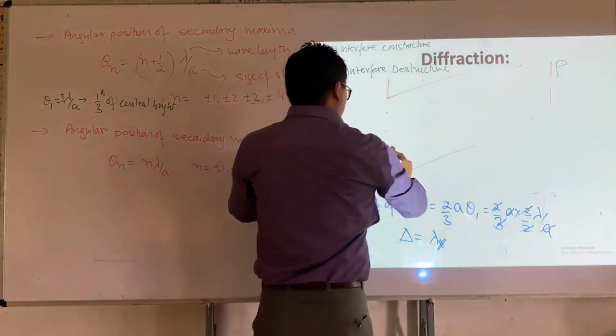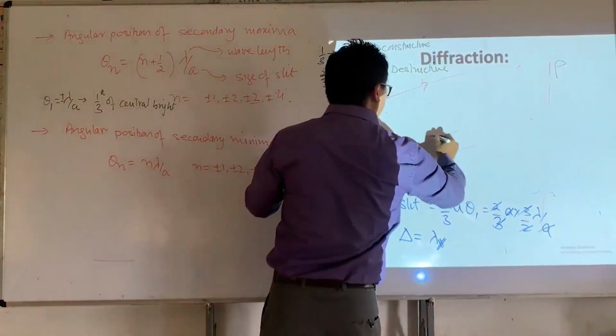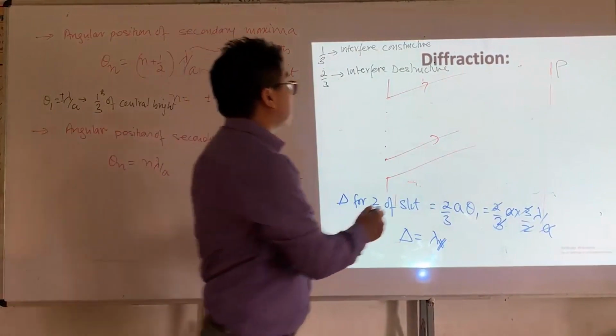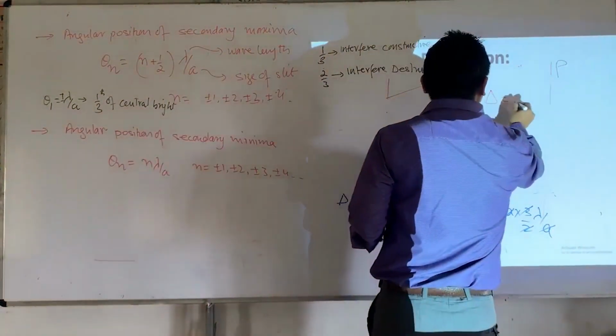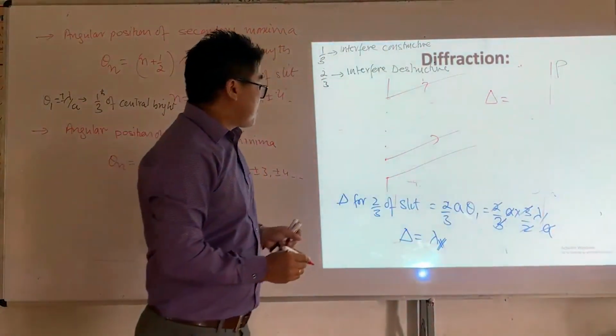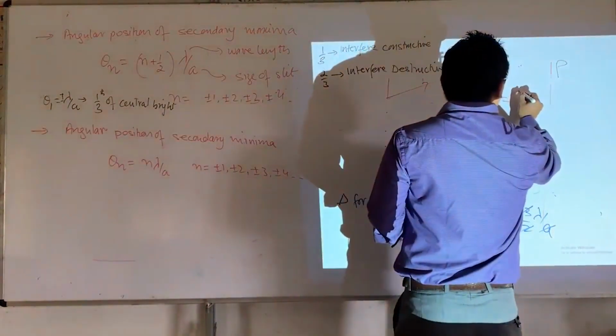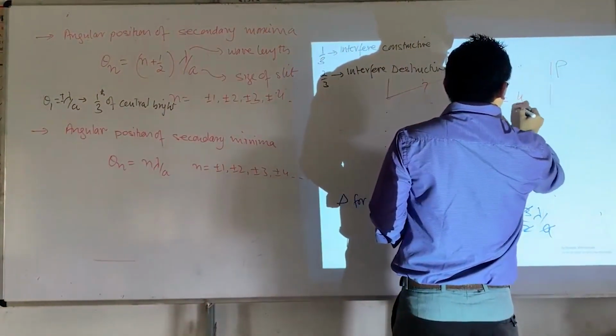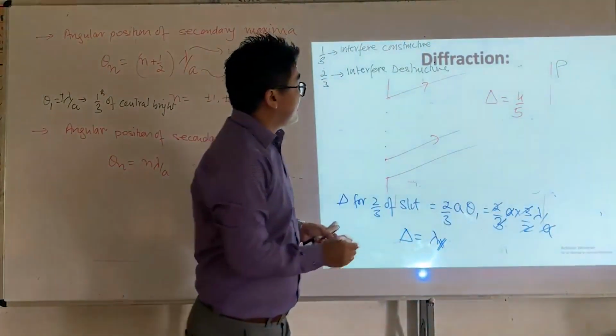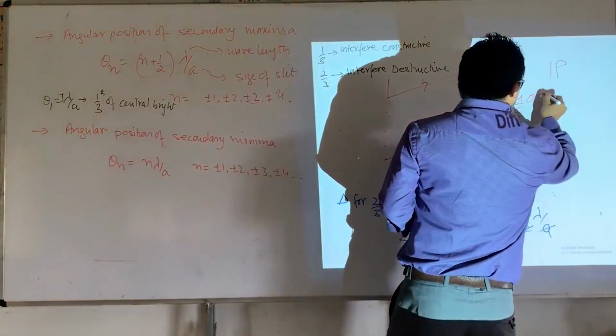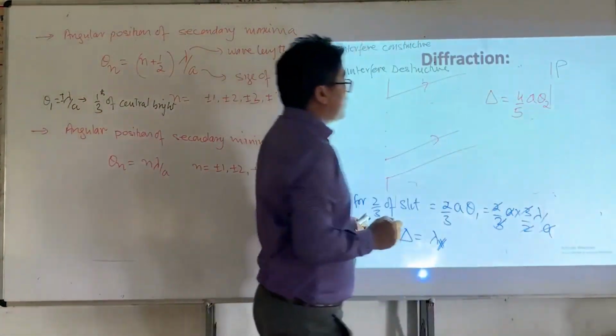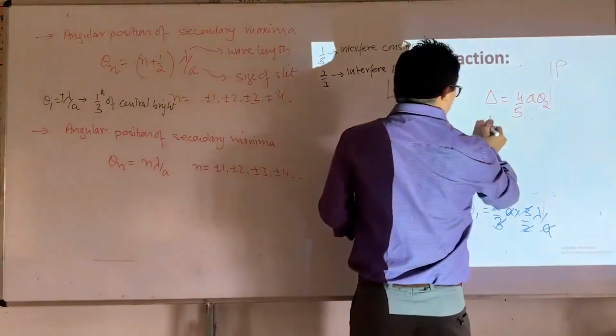Alright. And again I say these two interfere constructively, and the path difference will be equal to, again, what is the path difference? The path difference would be equal to 4 by a theta 2, and what is theta 2?